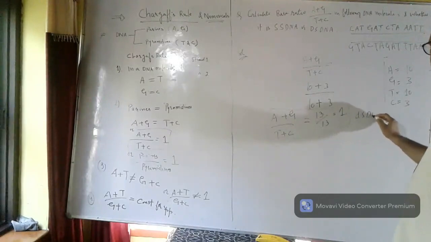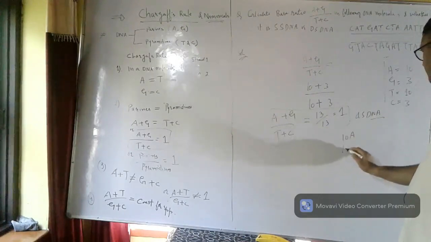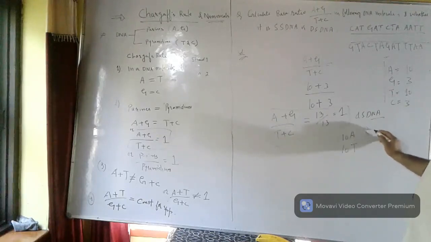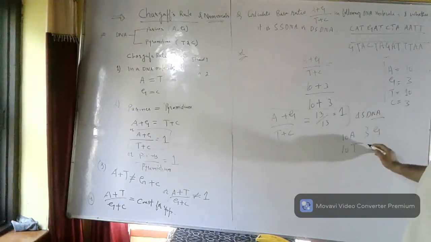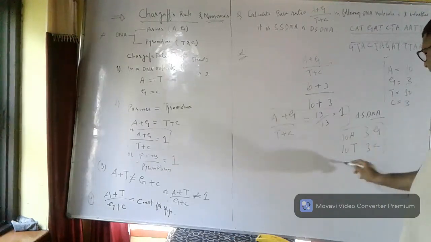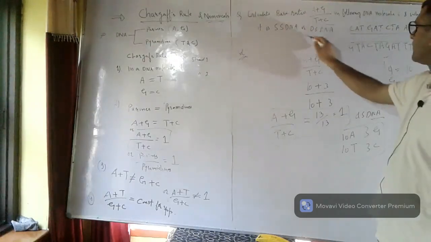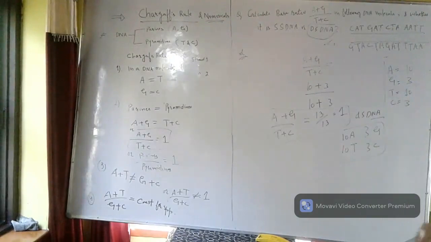So we have 10 adenine and 10 thymine, 3 guanine and 3 cytosine. It is a double-stranded DNA molecule, not single-stranded.